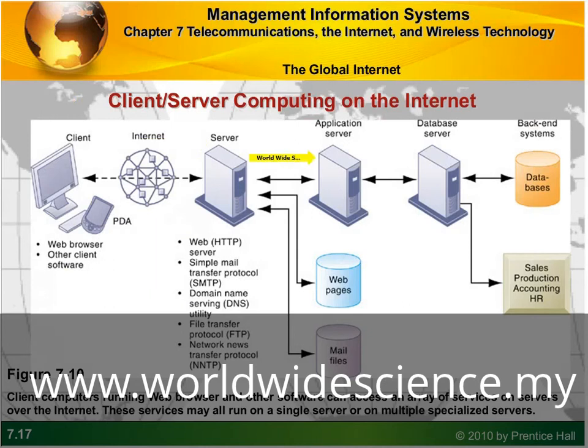Here you see three different sorts of servers: a database server, an application server, and another server for connecting to the internet and using internet services, which connects to the web pages or mail files. The user, by using a computer, laptop, PDA, tablet, mobile phone, anything, connects to the internet and then connects to the different servers, and finally in a backend system we can reach the database.